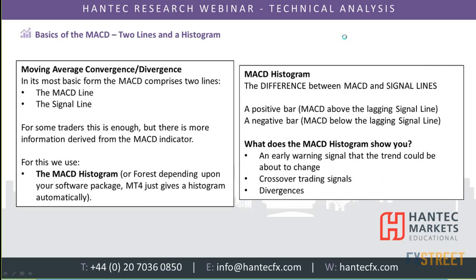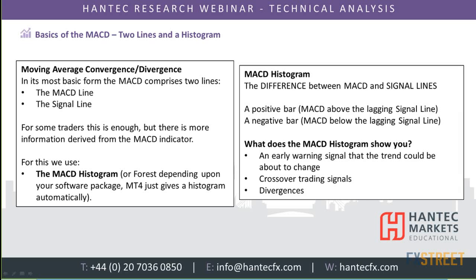Okay, so as I said earlier, you've also got a histogram, which is, again, a very important part, I believe, of the MACD lines. In fact, it wasn't part of the original theory of MACD, but was added in about 25 years ago. I believe it has a significant amount of use in MACD analysis because it gives earlier signals.